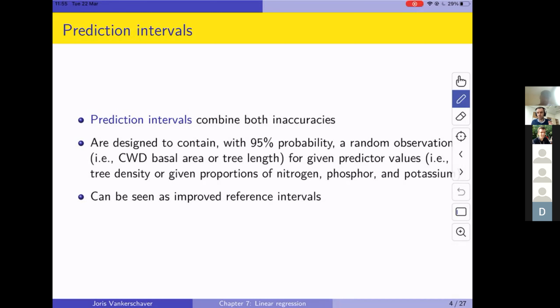But it's worth taking a moment to think about the interpretation. What we are going to define as a prediction interval is an interval around our point estimate that takes into account both of those sources of uncertainty: the line wiggling and how tightly our residuals are clustered around the line. And it's going to tell us with 95% probability what is a range that is likely to contain our true value given our prediction.